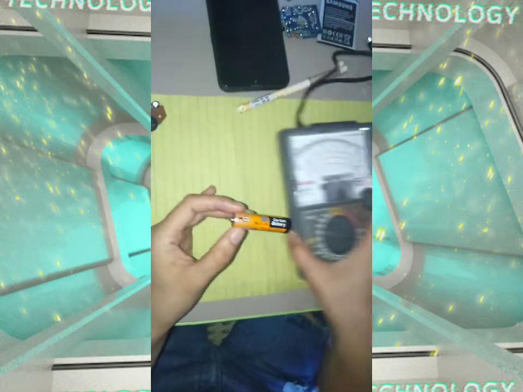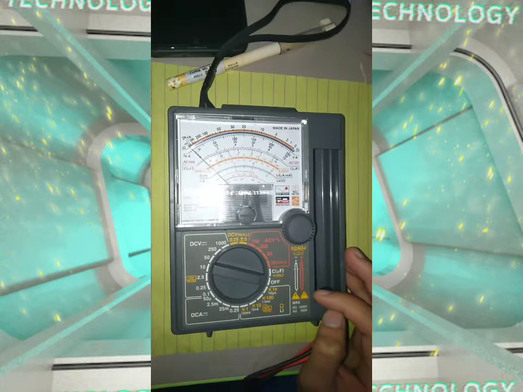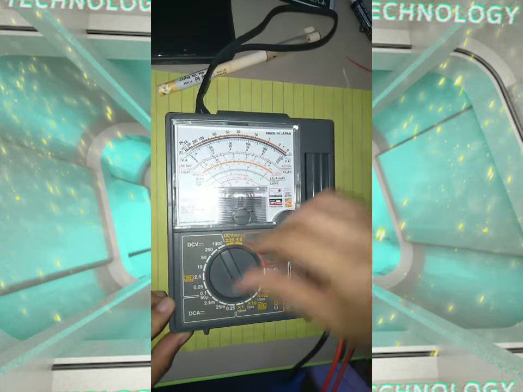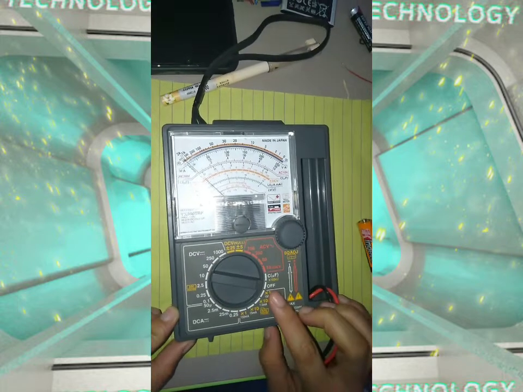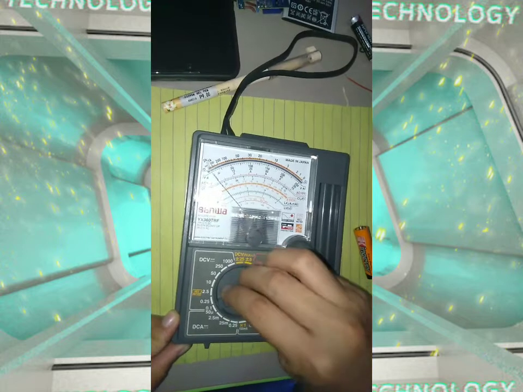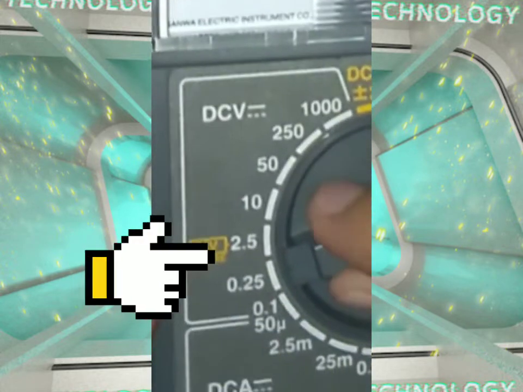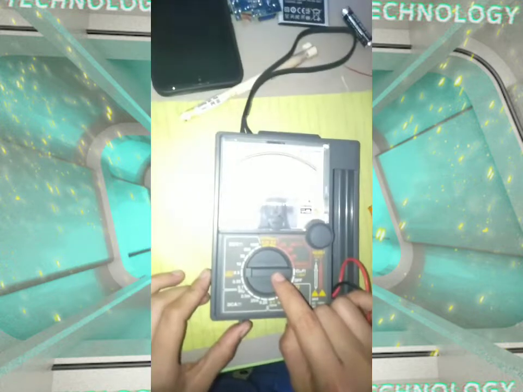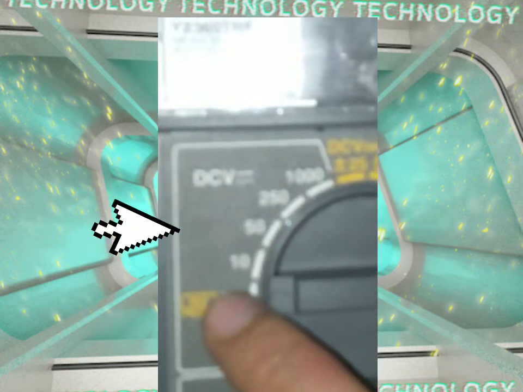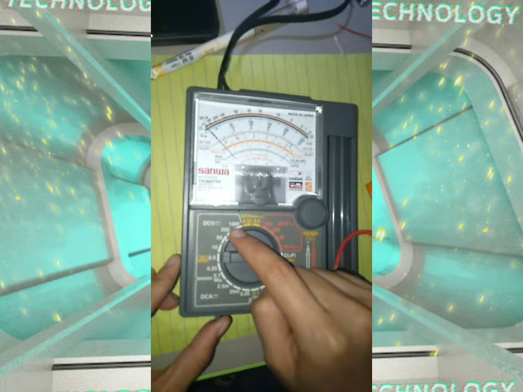So now we are going to set our multi-tester higher than 1.5. Our range selector is off, so we are going to change this one. Higher than 1.5, as you can see here on the multi-tester, is 2.5. This is the measurement of the DCV, or direct current voltage, 0.5 to 1000.